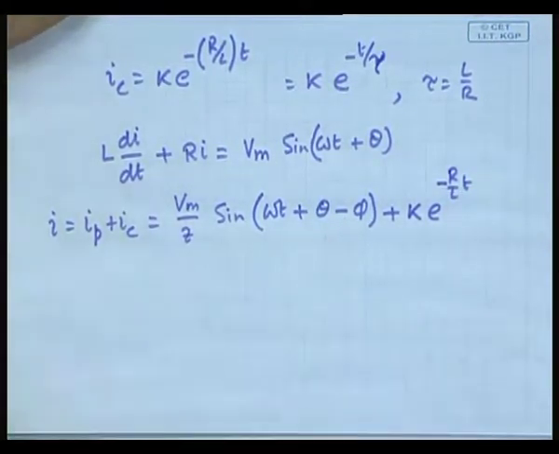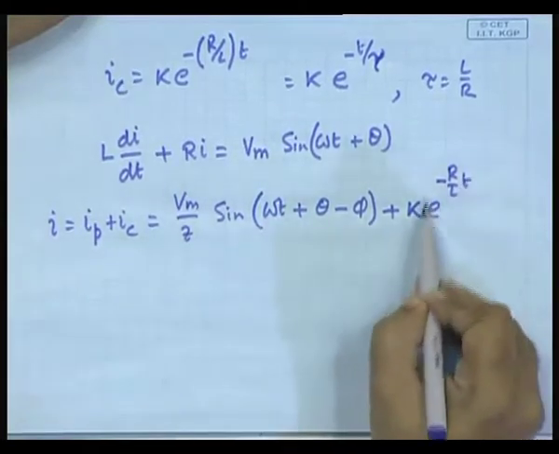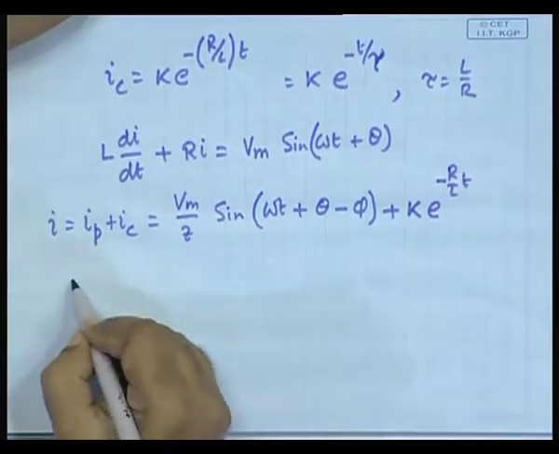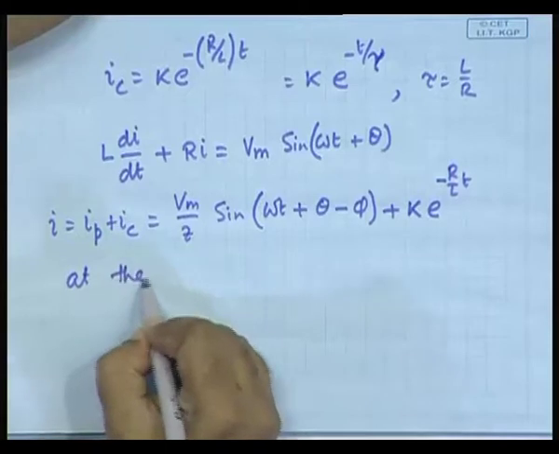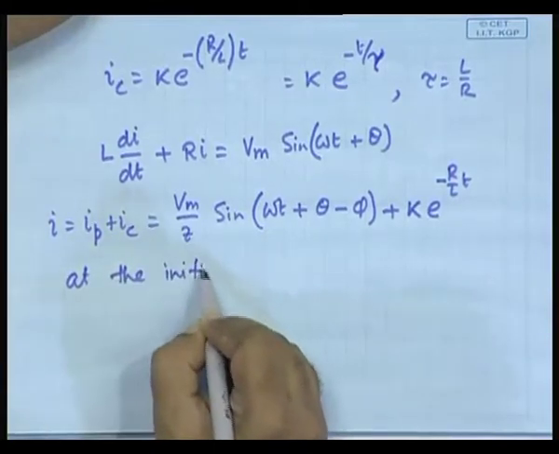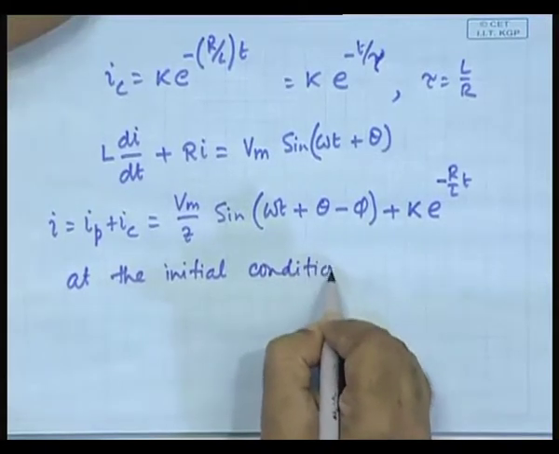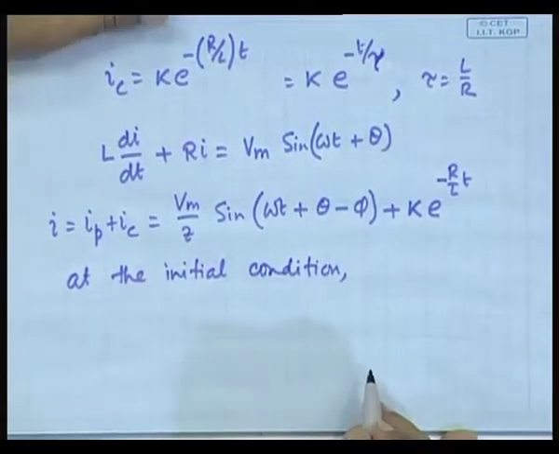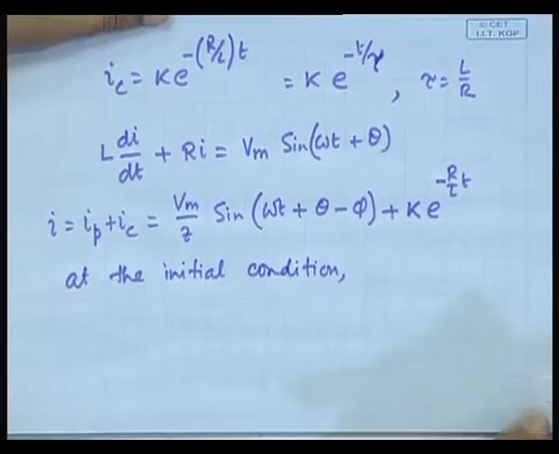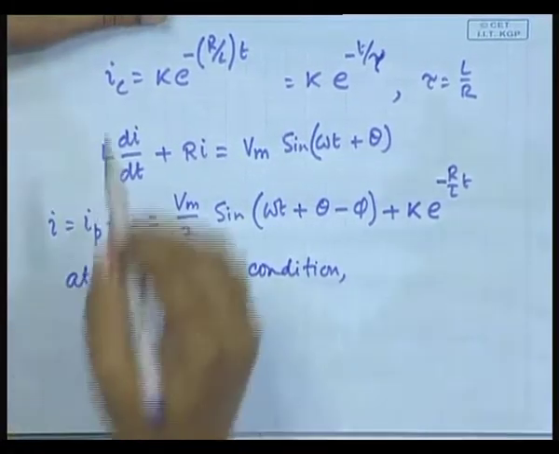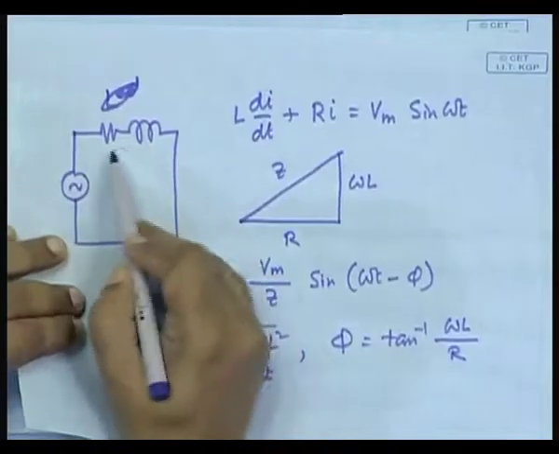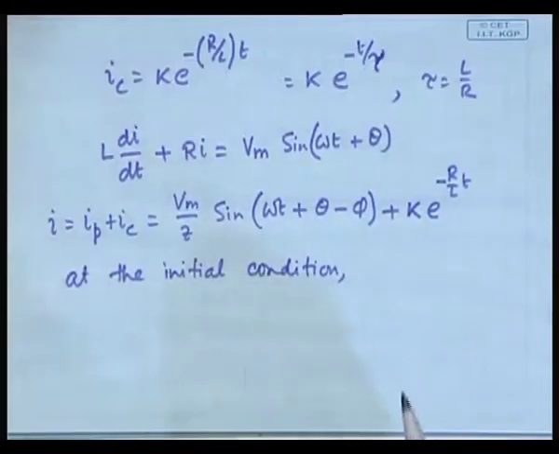Now, at the initial condition, this is 0, this is 1. So, at the initial condition the current is 0 because it is an inductive circuit, you cannot have the current changing instantaneously.